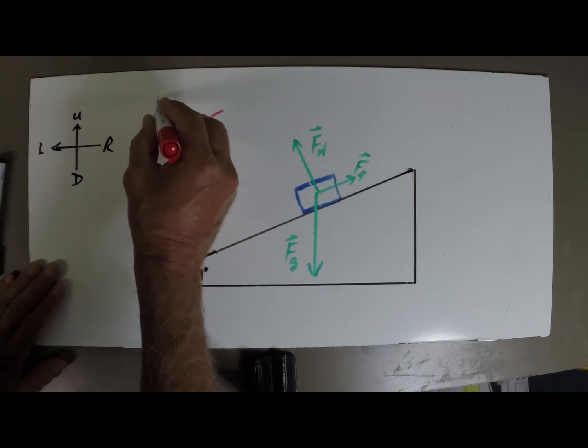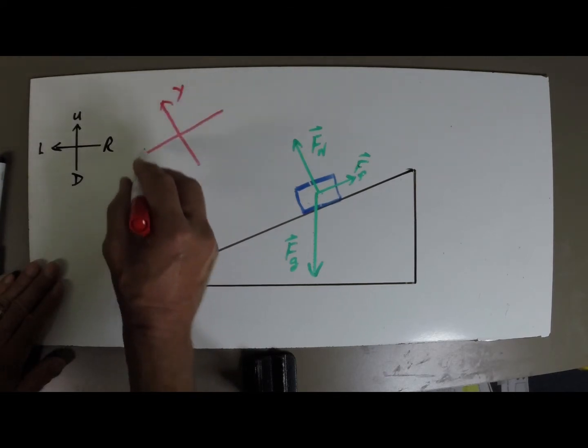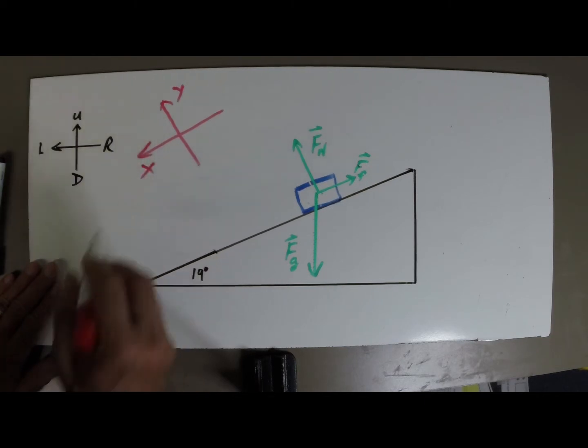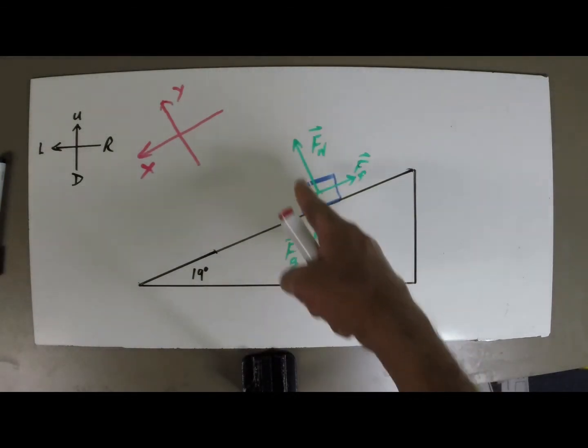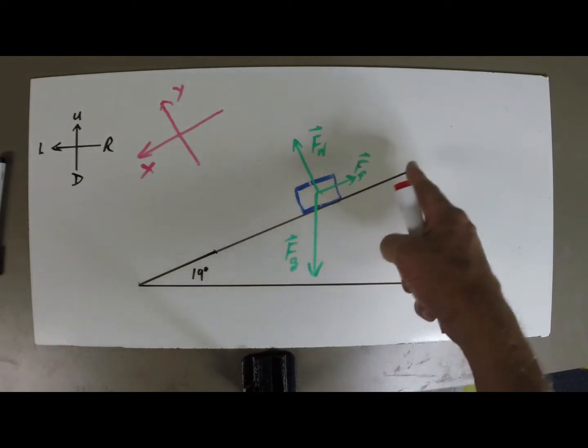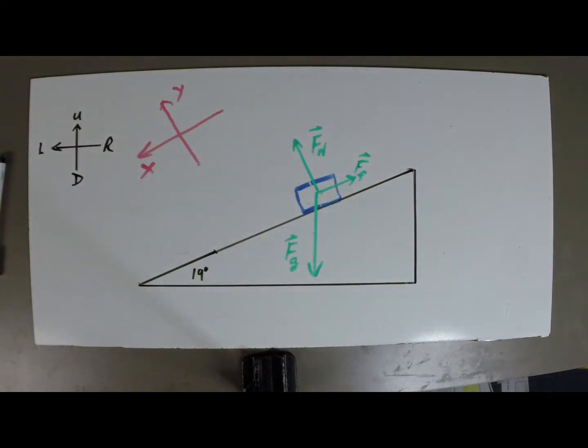I tend to call them y for the perpendicular and x for along the slope. This makes the problem a little bit simpler because now the normal force is purely in the y direction, the frictional force is in the negative x direction, but gravity is now at a weird angle compared to our coordinates.